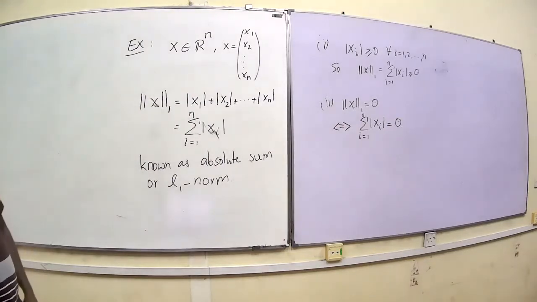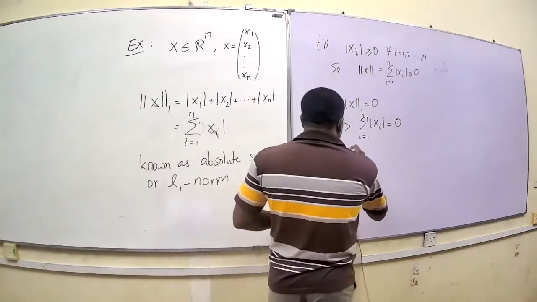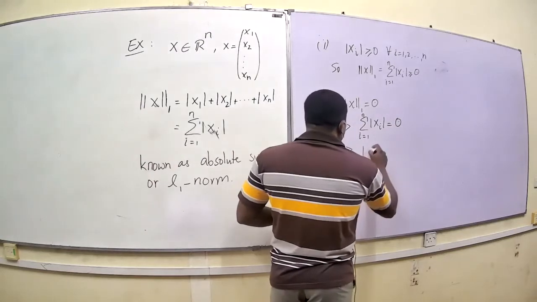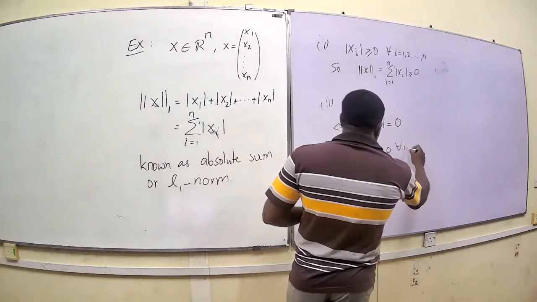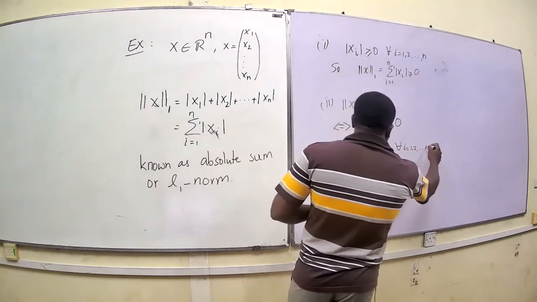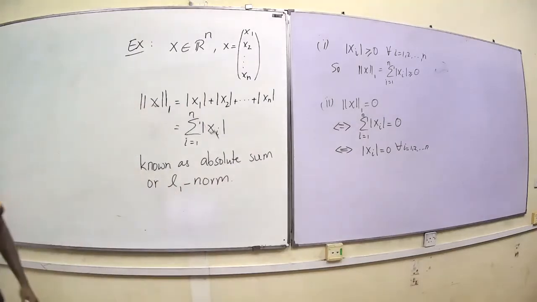So when you sum non-negative values and the sum is equal to 0, then each of the components must be 0. If the summation of absolute values is 0, then each absolute value term should be 0, and only then can the summation be 0.